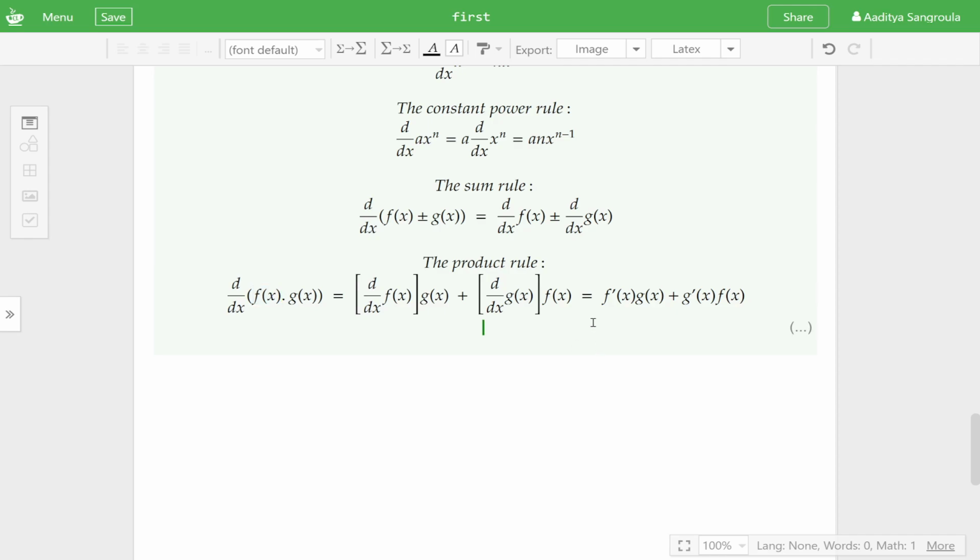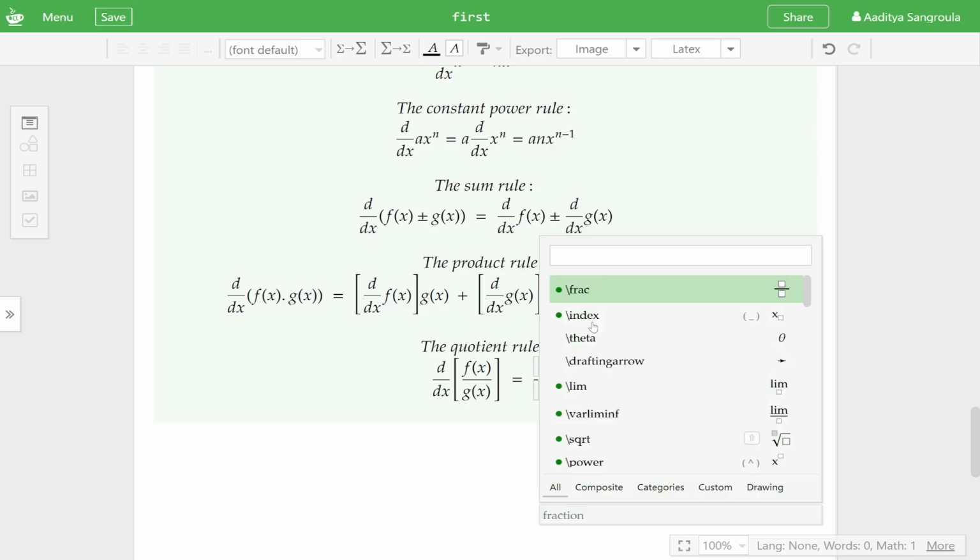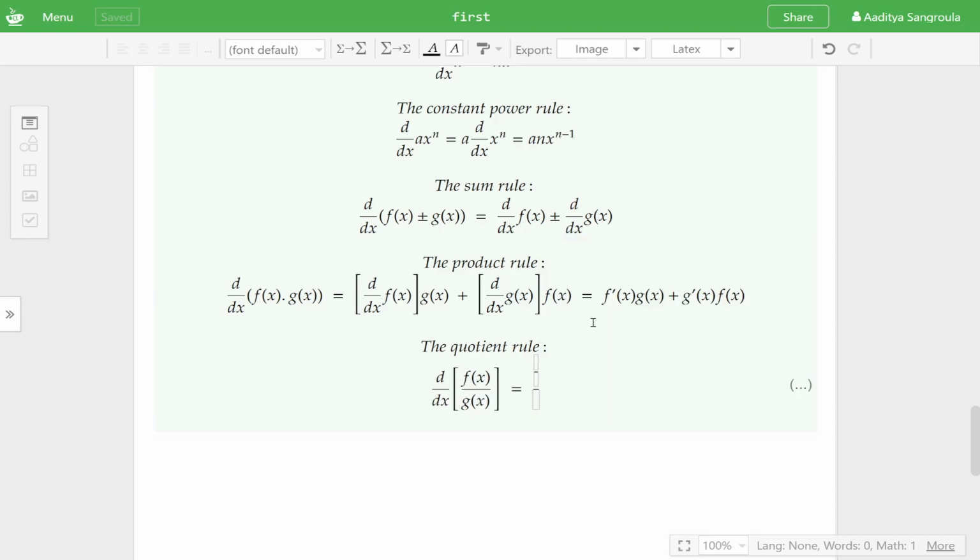Now we have the quotient rule. This rule is used for dividing. So the derivative of f of x over g of x is going to be in a fraction, a fraction in a fraction.